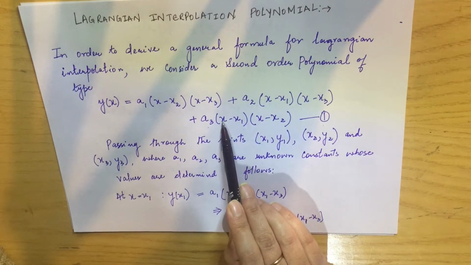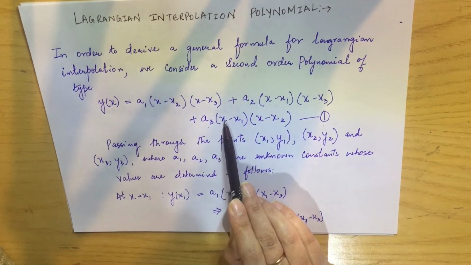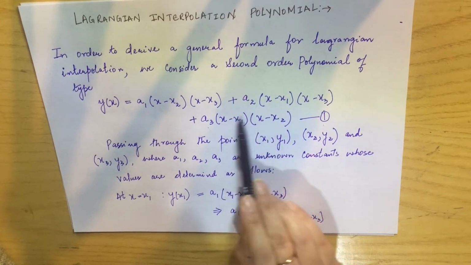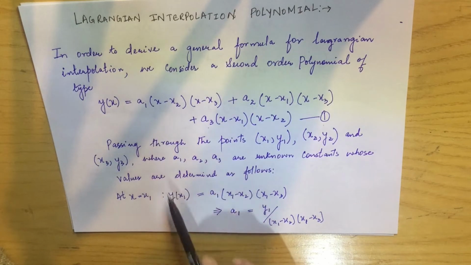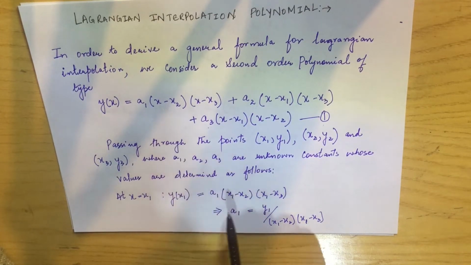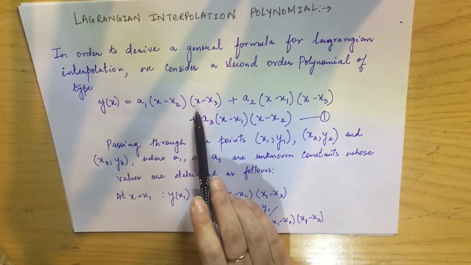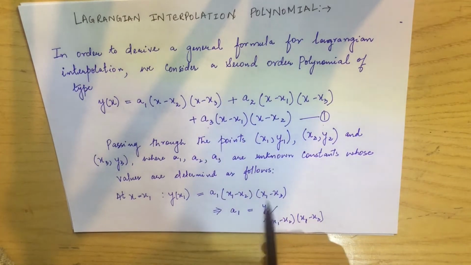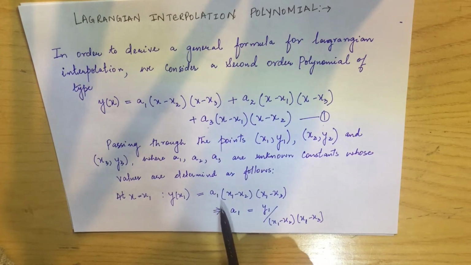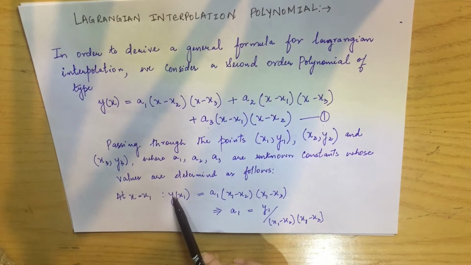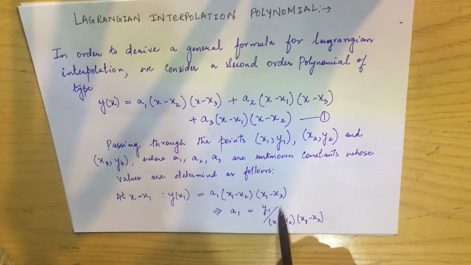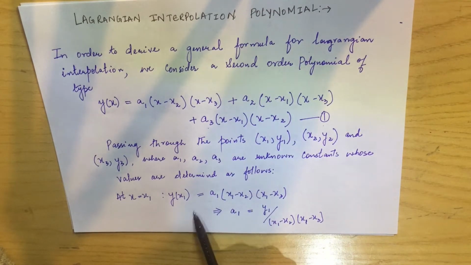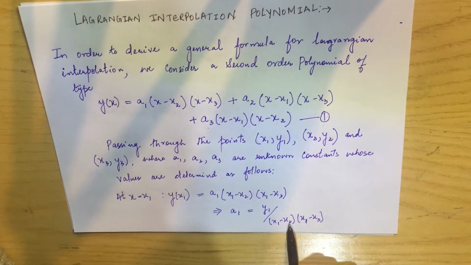Again here, at x is equal to x1, this term is 0. Therefore at x is equal to x1, y of x1 is equal to a1 (x1 minus x2)(x1 minus x3). So when we evaluate this for a1, and suppose y of x1 is equal to y1, we get a1 equal to y1 divided by (x1 minus x2)(x1 minus x3).